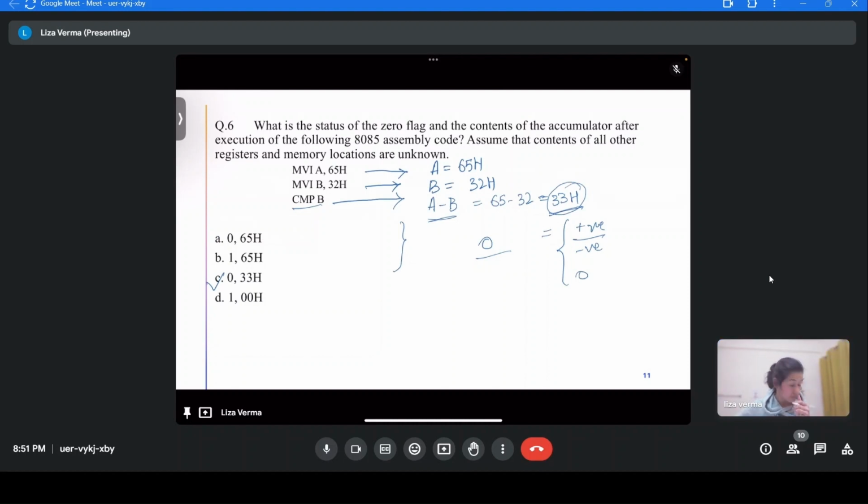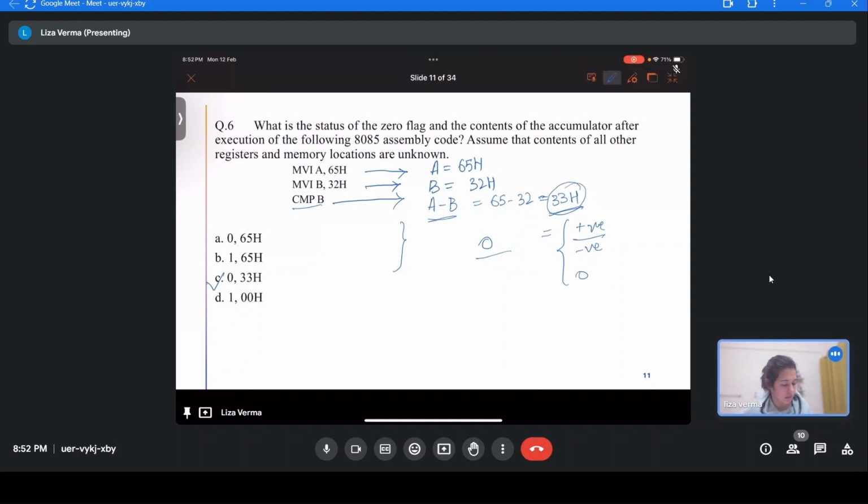Sorry, ma'am. Compare operation won't change the value of the registers. It will just affect the flags. Really? Then I need to check. No, it doesn't. Yes, it remains unchanged.